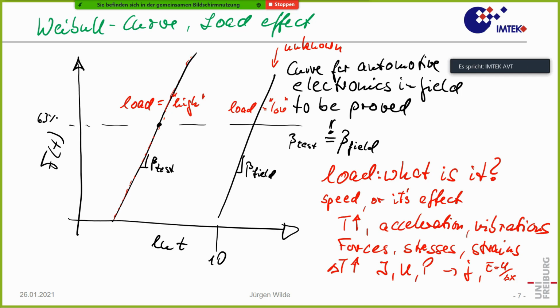And my question is, what is the most simple failure model on the basis of which we can compute such an extrapolated curve? Of course, the relation between two curves is the so-called acceleration factor, or in German also Raffungsfaktor.